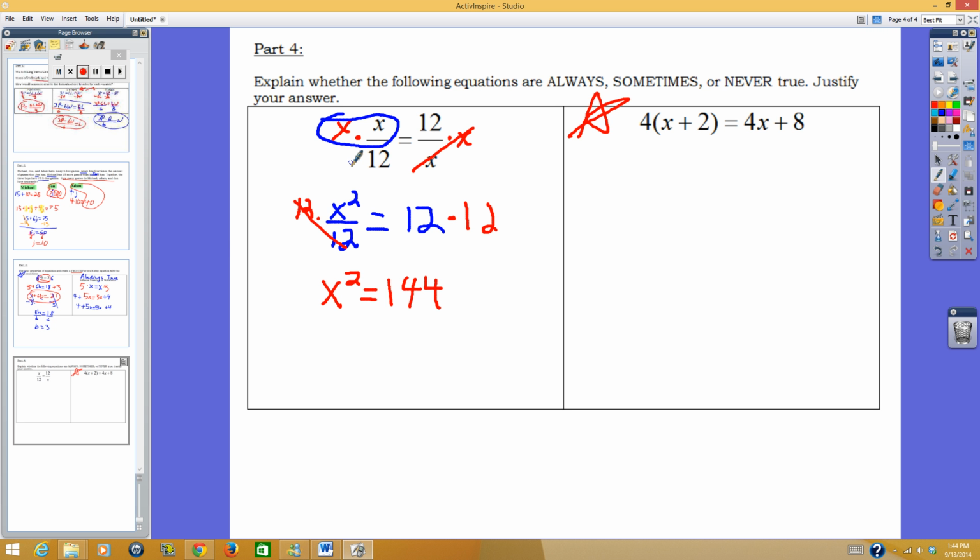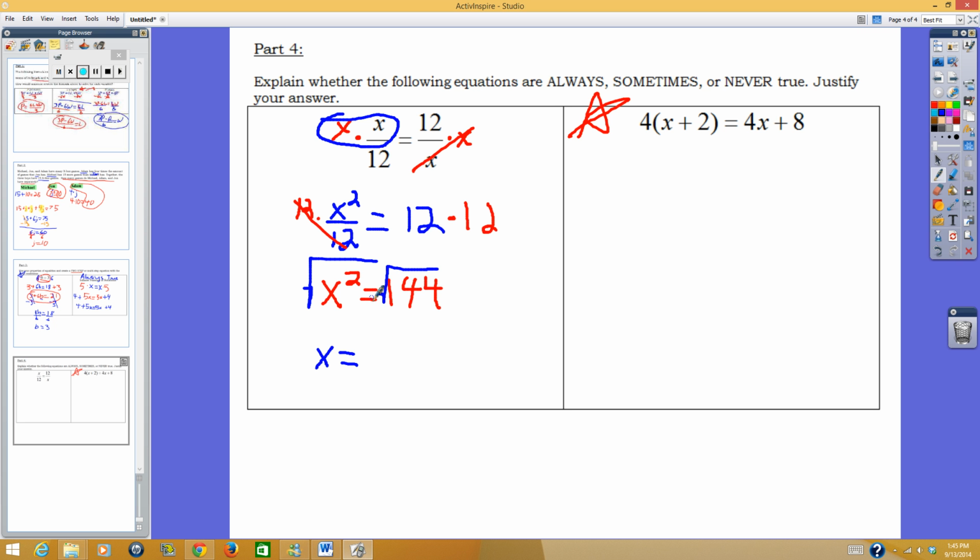Now, just like we've always been doing the opposite to get rid of something, like if we see division, we do multiplication. If there is addition, we would do subtraction. If something is squared, you would take the square root of it to get rid of it. So the square root of x squared is literally, you have to think what times what would equal x squared. And that's x. And then what times what would equal 144?